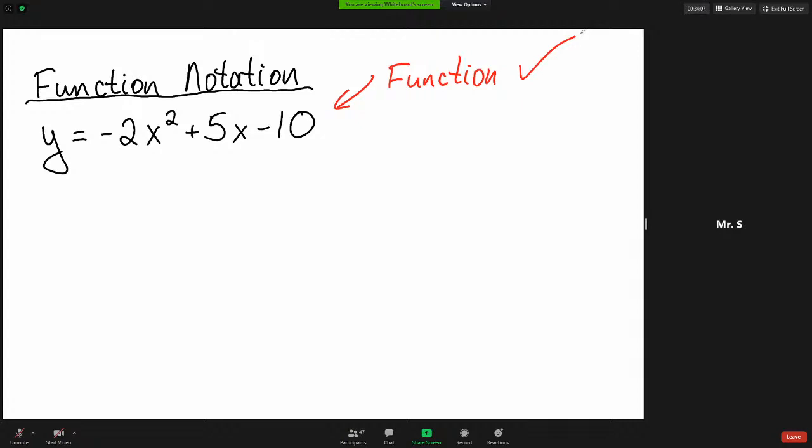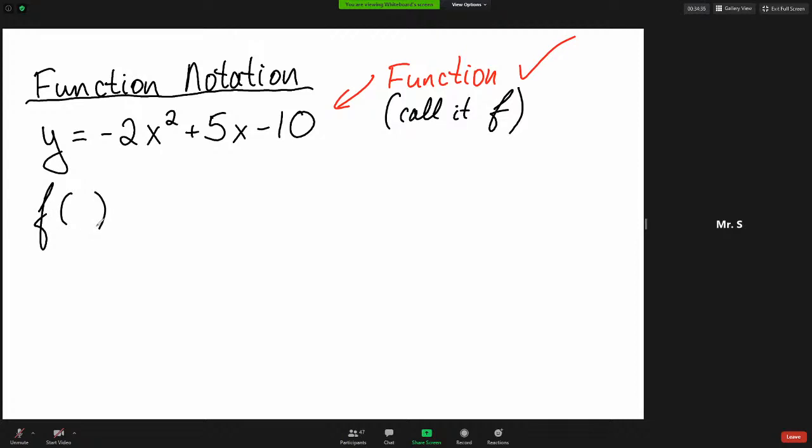Now, what we introduce here is what's called function notation. So we're going to name this function. Let's call it f for function. That's probably the most common name, but you could also have g or h, or really anything, but f, g, and h are probably the more commonly used names for functions. So then we can rewrite this using function notation.